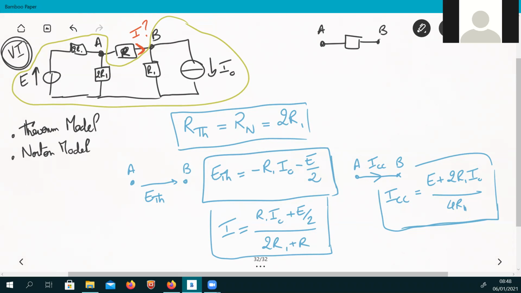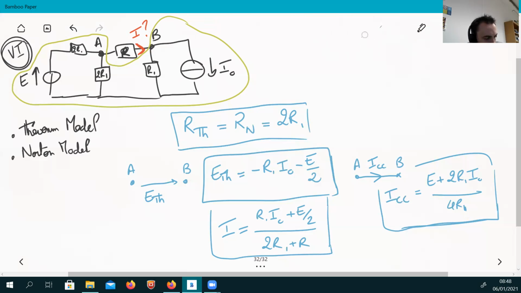Your question is why I found 2R1 here? The idea here to get RTH or RN is to get out the load R between A and B. So you redraw your circuit like this.